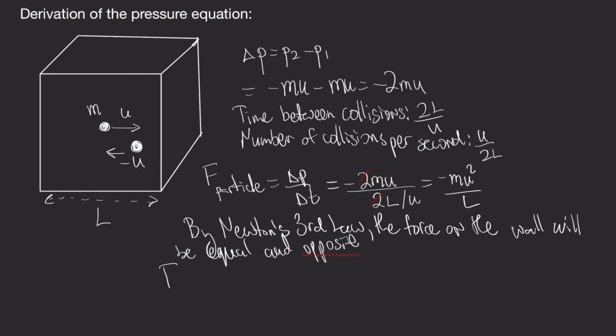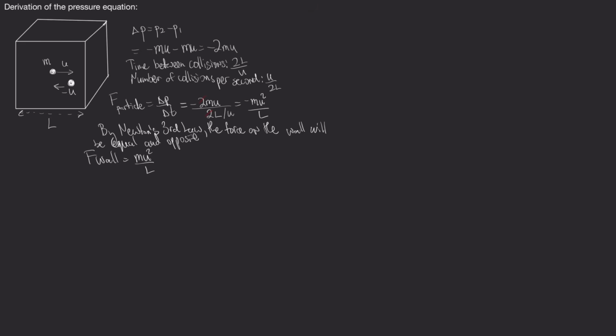In other words, F wall will be given by mu squared divided by L. So far, we have only considered one particle, but what if there are actually n particles all doing the same thing, colliding with the wall? Well, for n particles, the force will be a multiple of n.